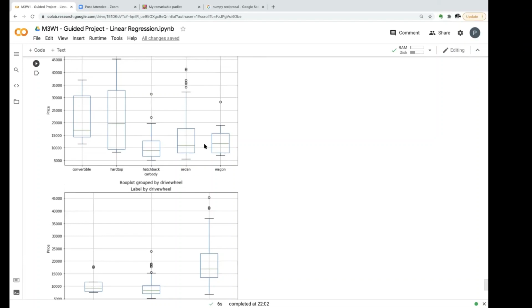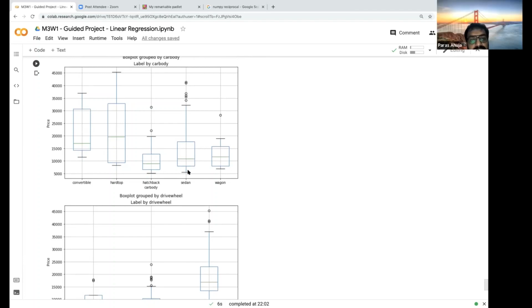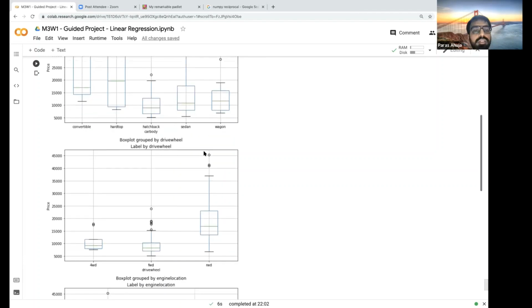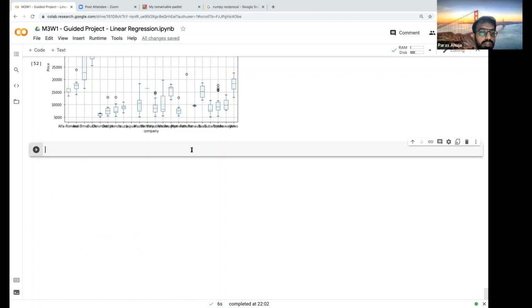These black lines are the extreme values. Beyond that are outliers. So this basically tells us the range. Going ahead, I think we're running short of time by a huge margin.